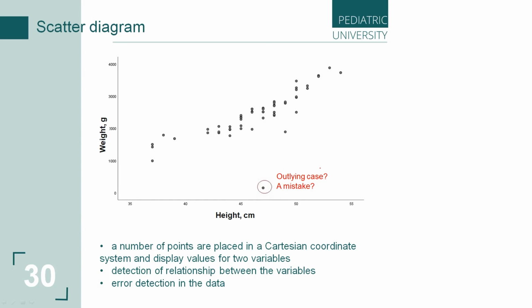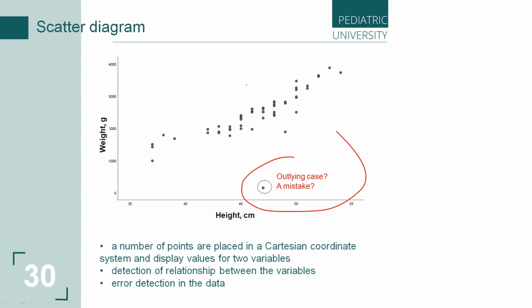Let's see, and look, we have one value knocked out. What is it? An outlier, an error, a mistake. We need to analyze it.